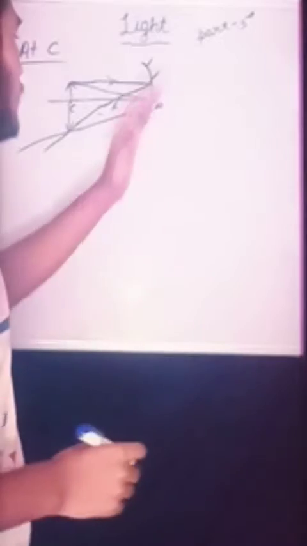Now for the nature of the image, I described that whenever the image is formed on the left side of the mirror, this is the left side of the mirror and this is the right side, it is always real and inverted. Whenever the image is on the right side of the mirror, it is virtual and erect.